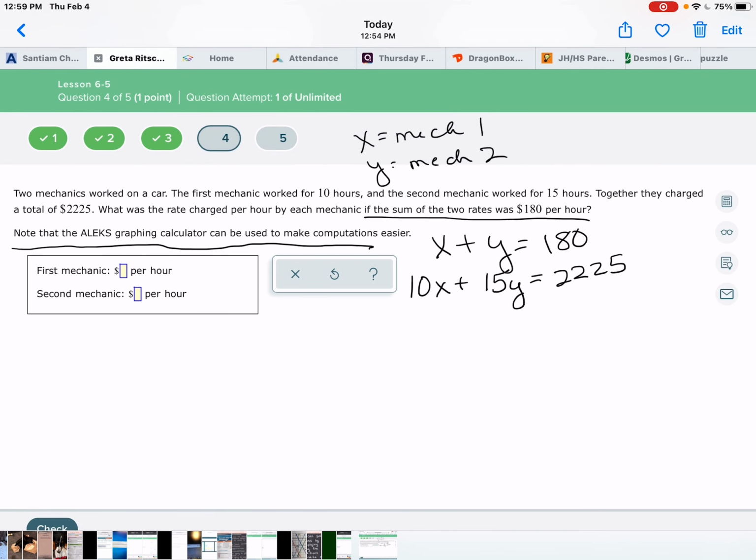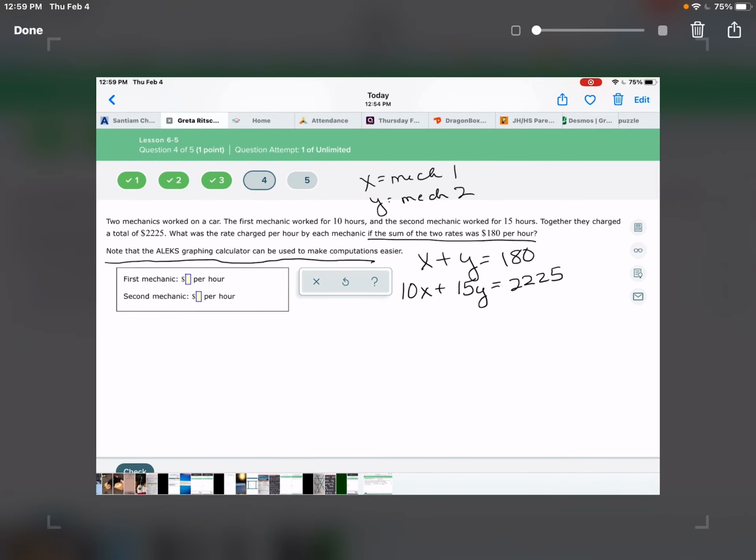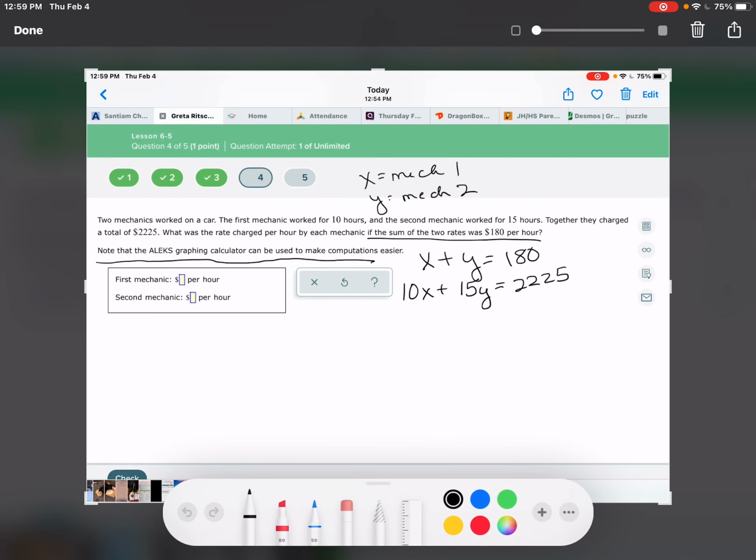All right, let me pull up my work there again, because what if I needed to do that without a graphing calculator? I could. So if I rearrange this one, let's say I subtract x from both sides, I could have y equals 180 minus x. So I have something that I can substitute in the other equation.